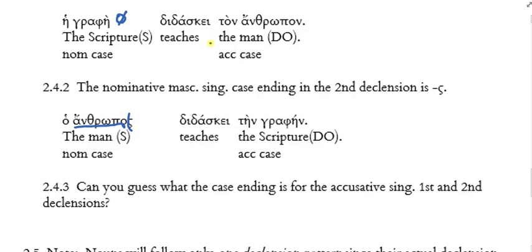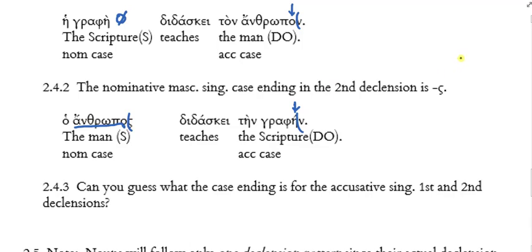Accusative, direct object forms. That's right, it's nu. You see the nu here and the nu there, okay? So my stem ends with omicron and eta, whether it's first or second declension, but they do happen to have the same case ending when they're accusative. And that's really nice that they are the same.